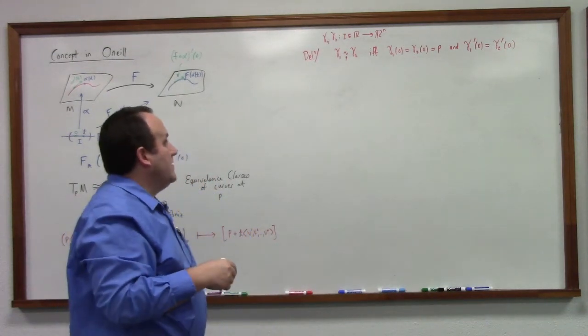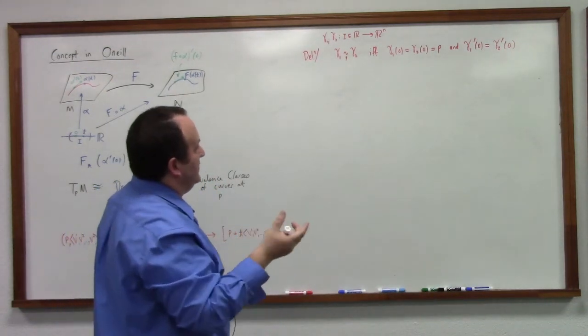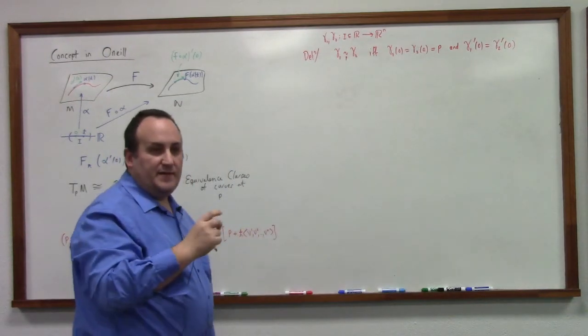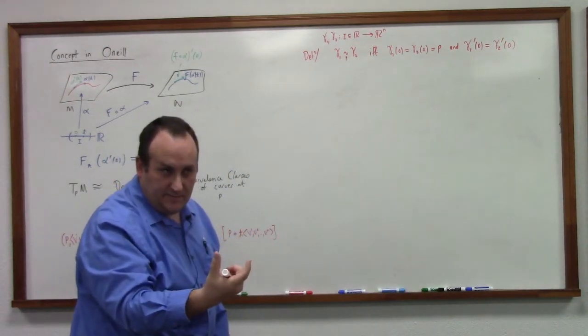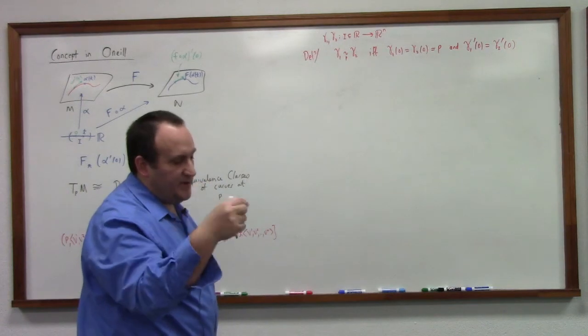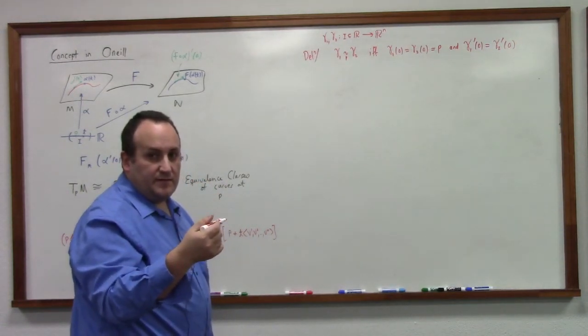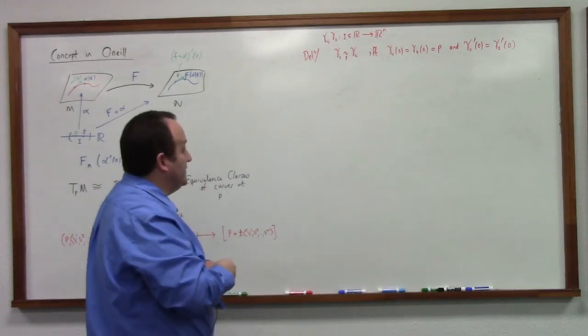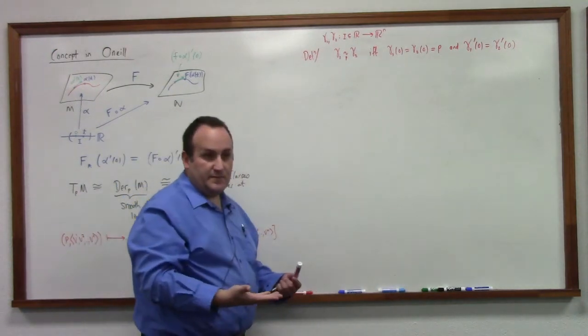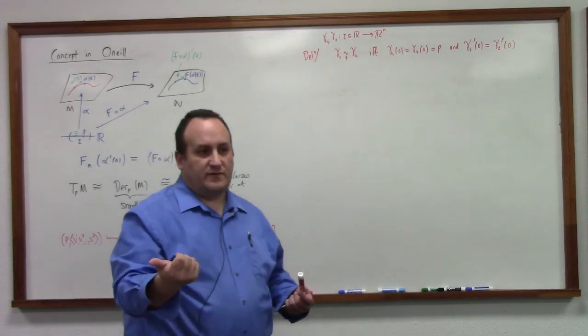So this says two curves are equivalent at P if and only if they both go through P when you put in 0, and they have matching velocities. That's an equivalence class of curves. You can prove that this is an equivalence relation. Is any curve equivalent to itself?